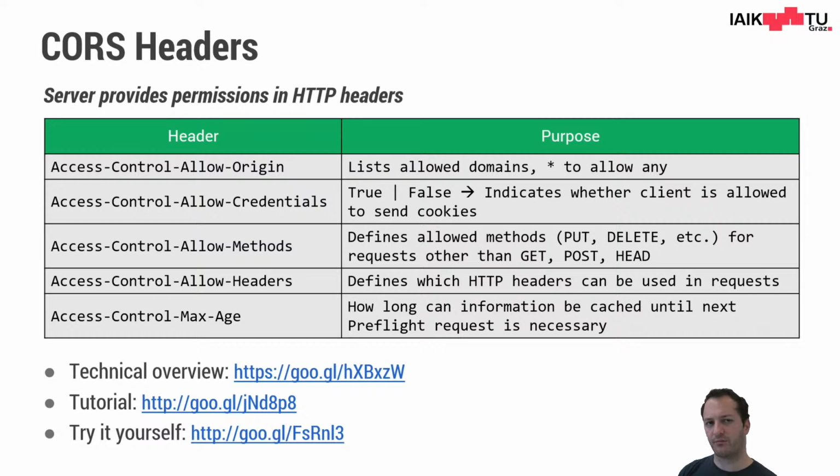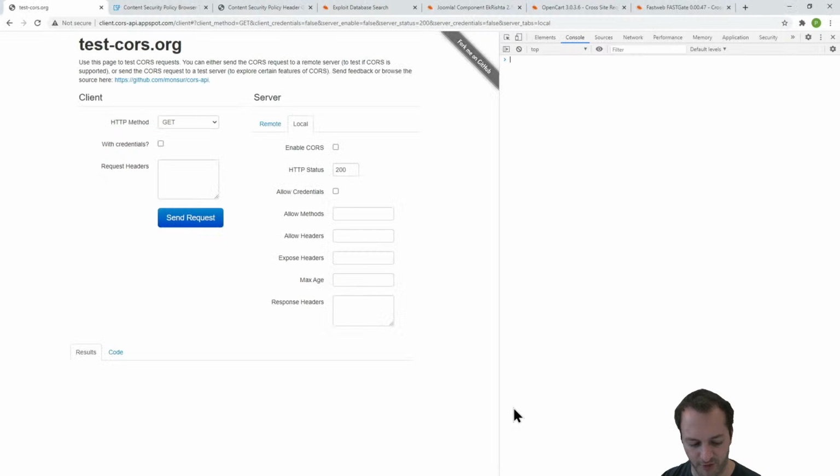So quite some headers. The headers I just summarized here are just the most popular ones. If you want to play around, there's a link I also pasted on the slides. It will lead you to testcors.org. And this is where you can play around with this to get a better idea of how CORS works.